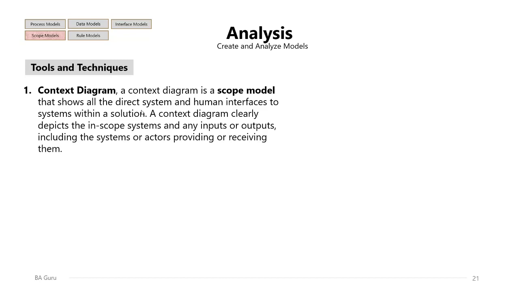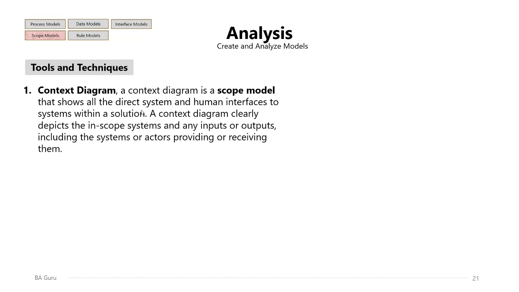So it is defined as a scope model that shows all the direct system and human interfaces to systems that are being built in the solution. So a context diagram clearly depicts the in-scope systems and any inputs or outputs, including the systems or actors providing or receiving them. So this is what you should expect once you create a context diagram.